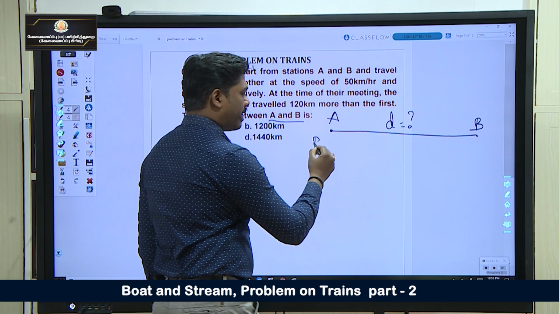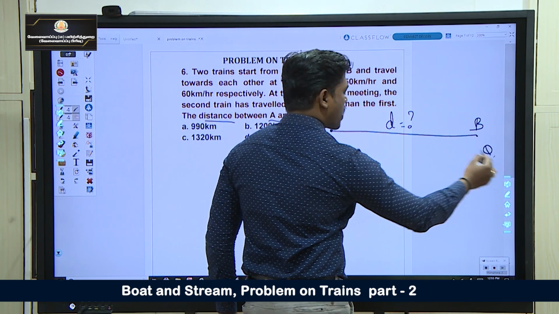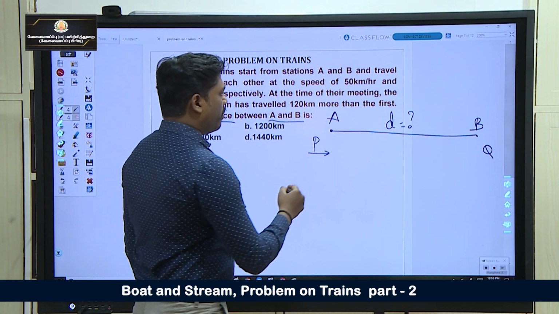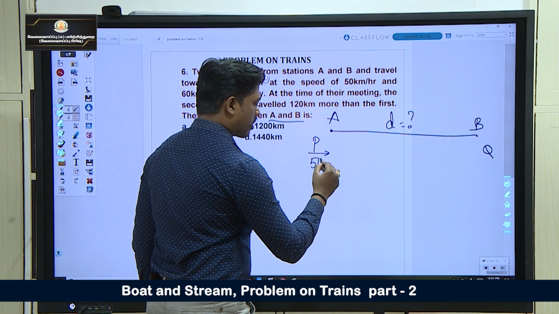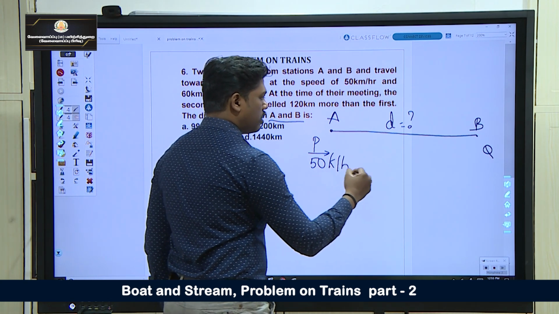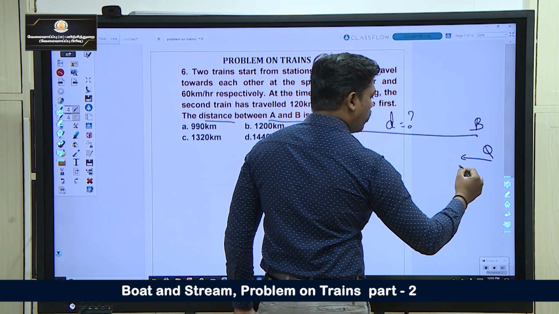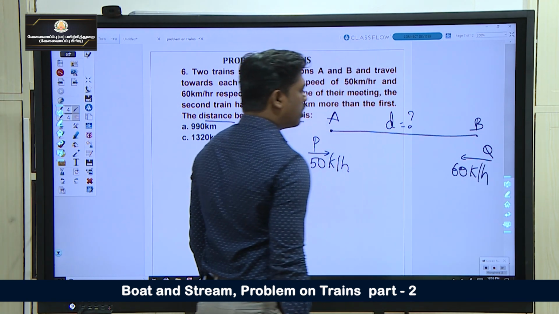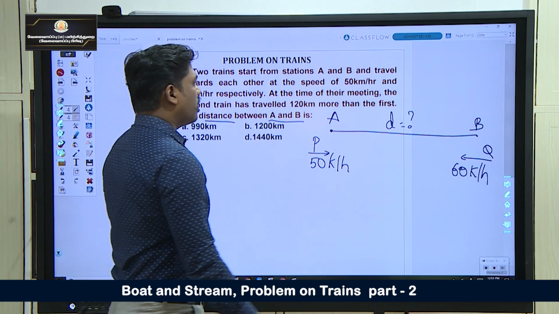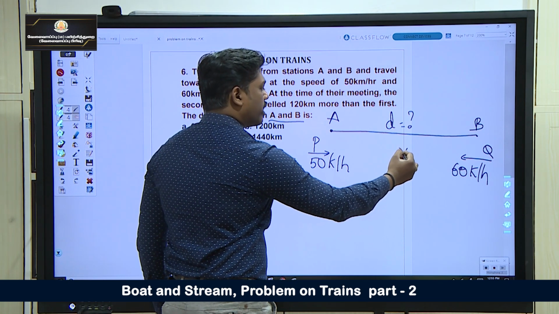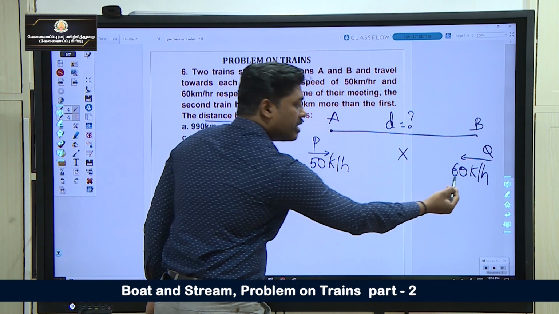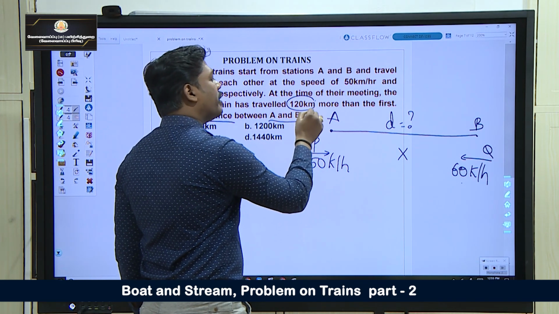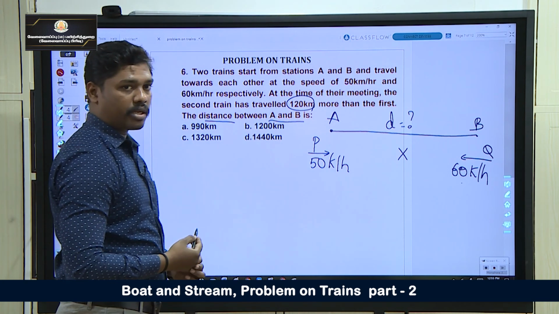So two trains, they are moving towards each other. Let us take the trains as P and Q. Train P is moving at a speed of 50 km per hour. Train Q is moving at a speed of 60 km per hour. At the time of meeting, the second train has covered 120 kilometers more than the first train.